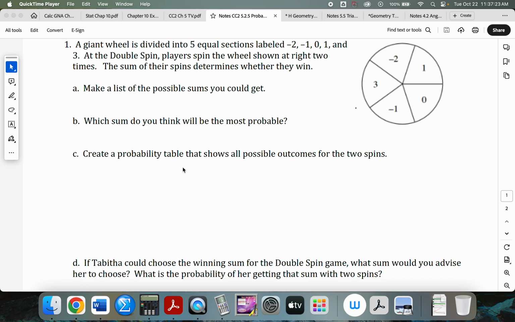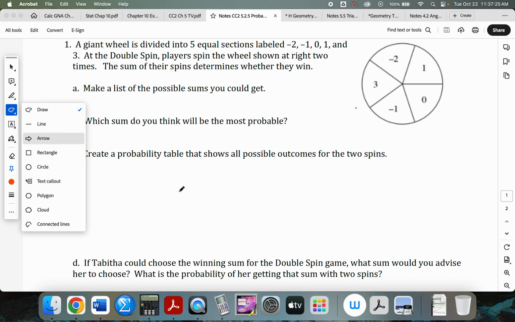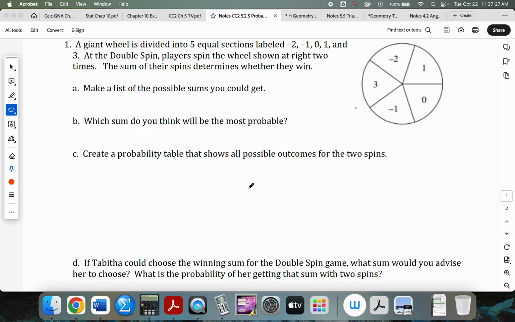Well, you can either start with the least or the greatest if you want to do this in any kind of a systematic way. If you rolled 3 twice, that'd be 6. And then I just start going down. Can you get 5? No. Could you get 4?